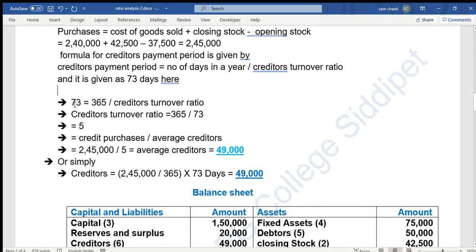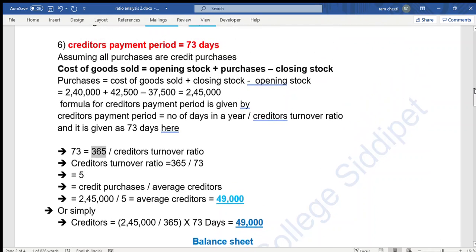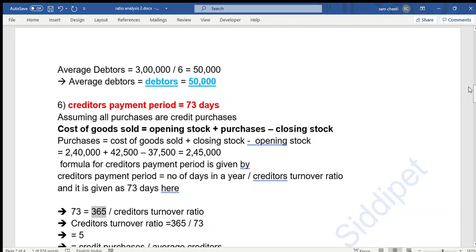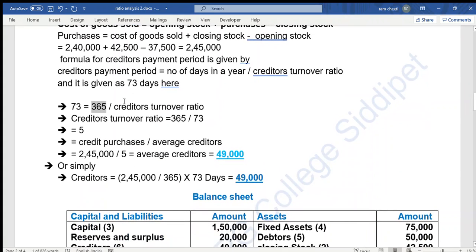We can consider the number of days in a year as 360 or 365, no issues. Here I had taken 360 earlier; now I am taking it as 365. That is our will and wish, no problem. Nobody will question this.